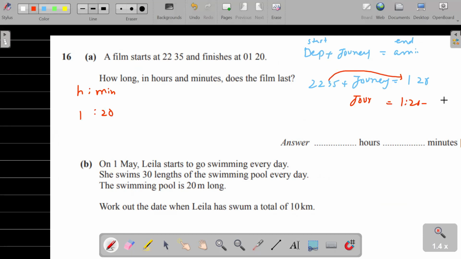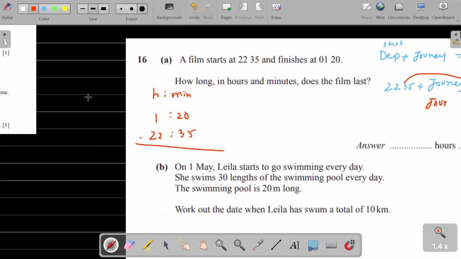So 1:20 minus 22:35. Let's subtract them. There is a lack of space, so I'm going to do this over here. Hours, minutes: 1 hour 20 minutes, minus 22:35.